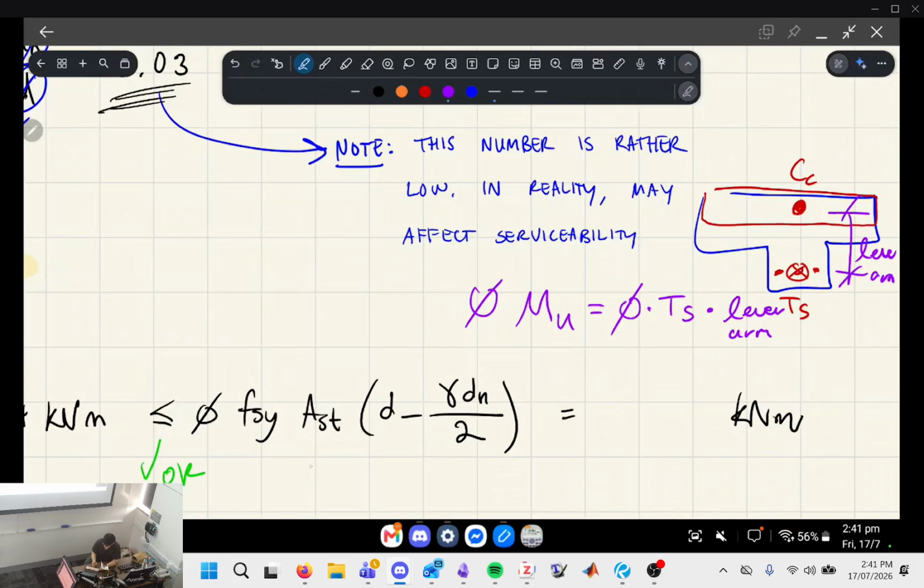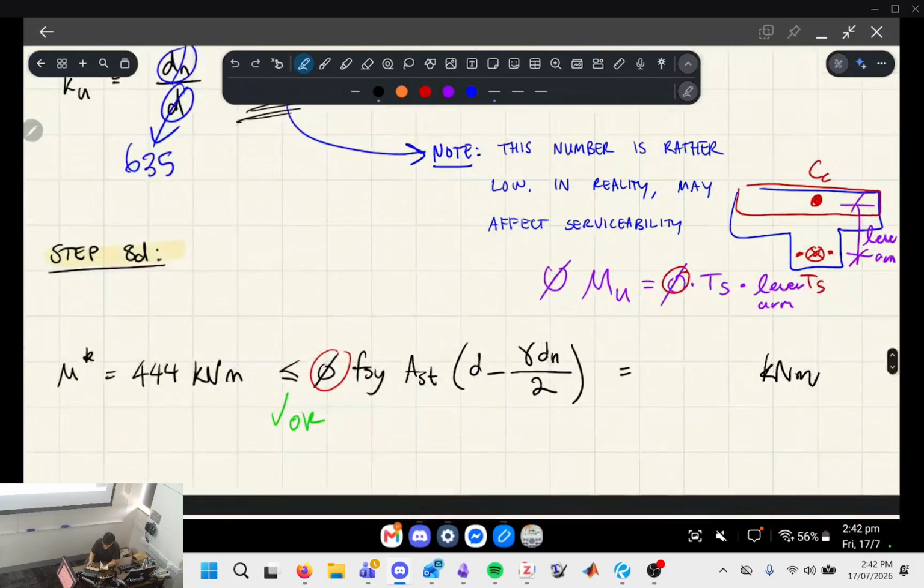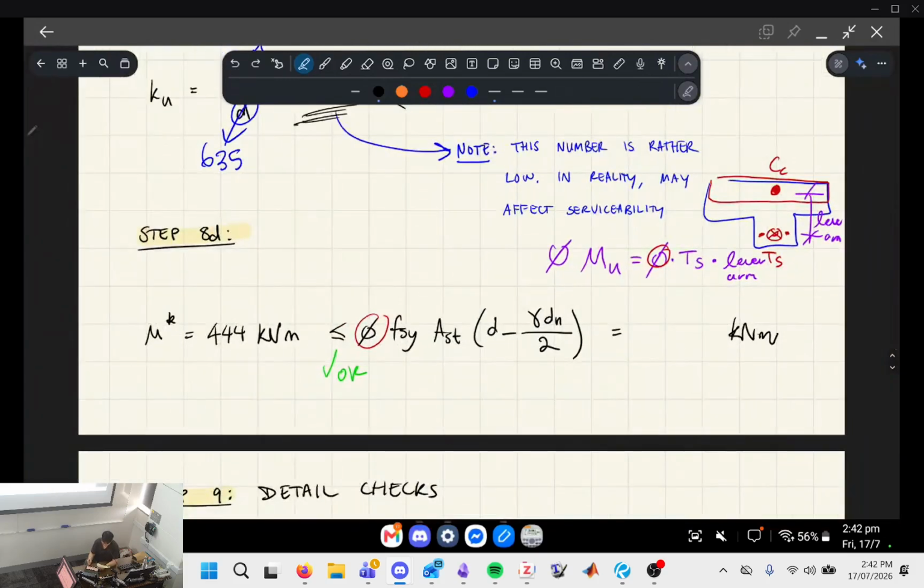And that's where this formula comes from. So phi is that, Ts is this, and the lever arm is this. So we're just doing a quick calculation. That's the case for singly reinforced concrete. So let's just see how all these things plug in. These are all the values, for the steel, etc., that we've worked out.